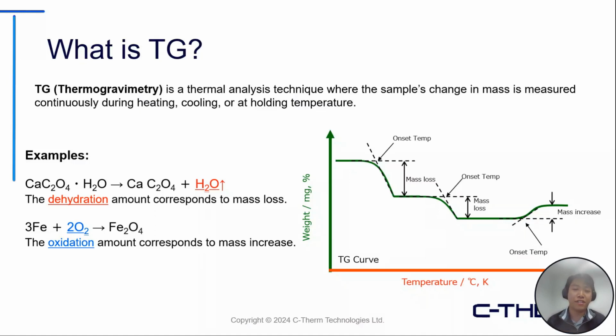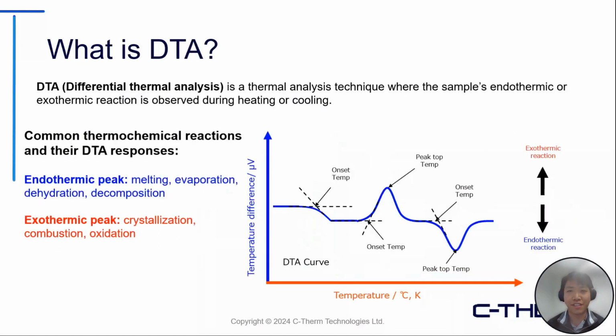Although TG is a very powerful thermoanalysis technique by itself, it sometimes gives limited information as to what the sample might be undergoing at that temperature, because some chemical reactions, such as melting or phase transition, do not accompany any mass changes. So that segues nicely into the second component of STA, which is DTA.